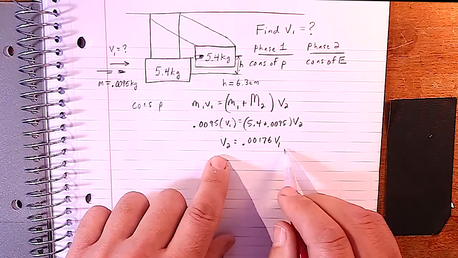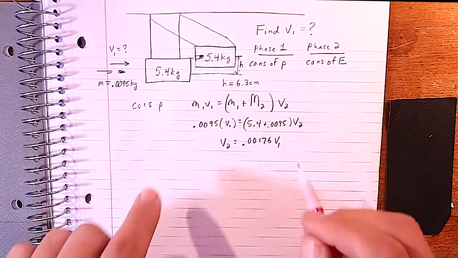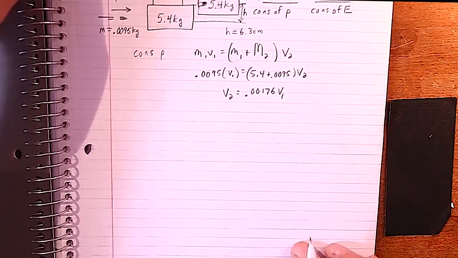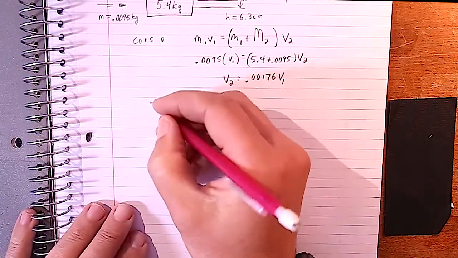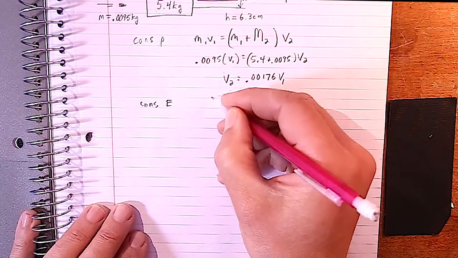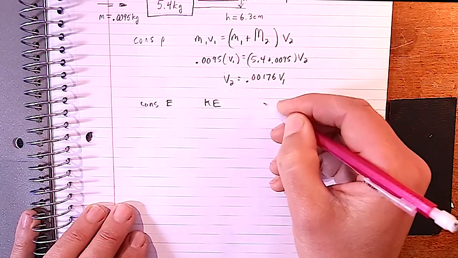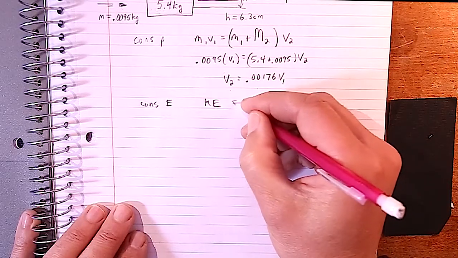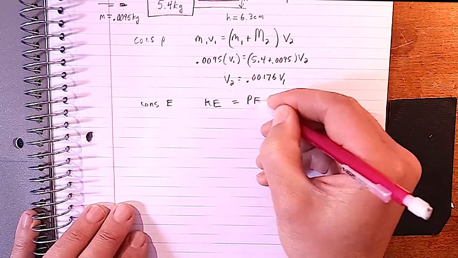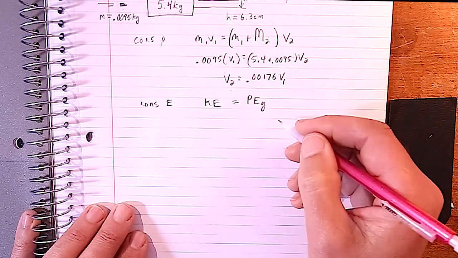So now we have v2 in terms of v1. This velocity is the velocity after the collision, but before the rise. So now we can do conservation of energy. Conservation of energy tells us that the kinetic energy right after the collision is going to turn into the potential energy of the system when it rises up.